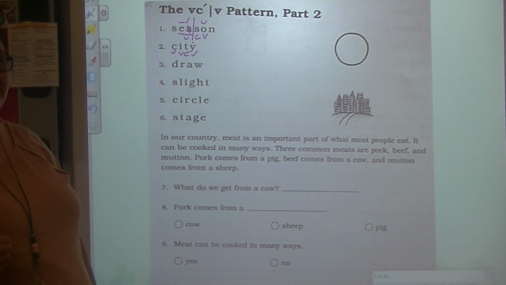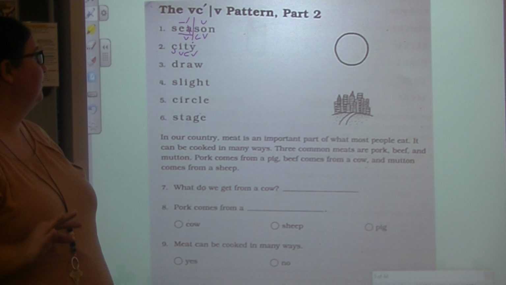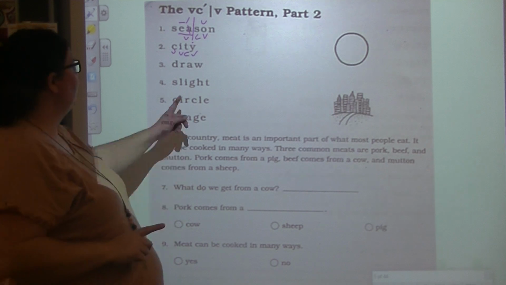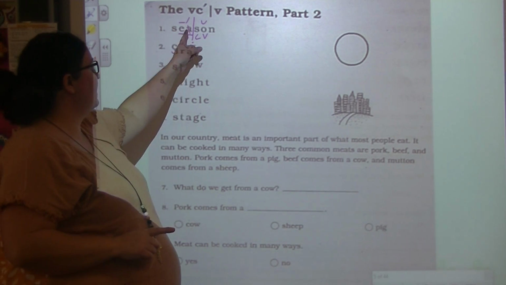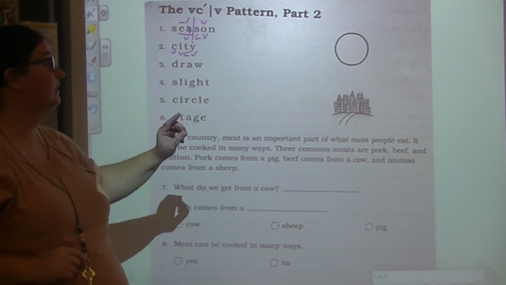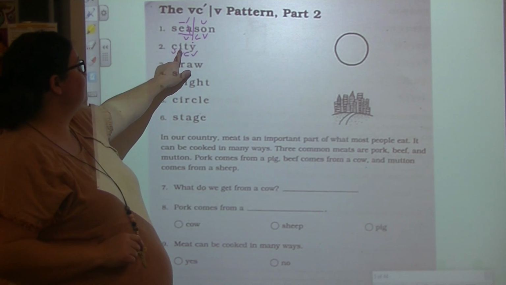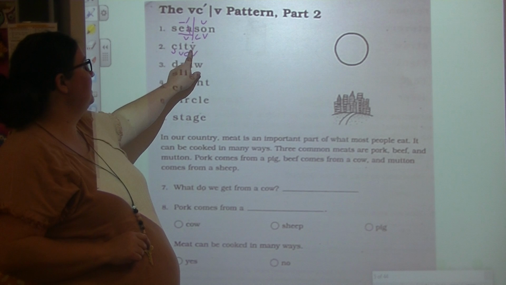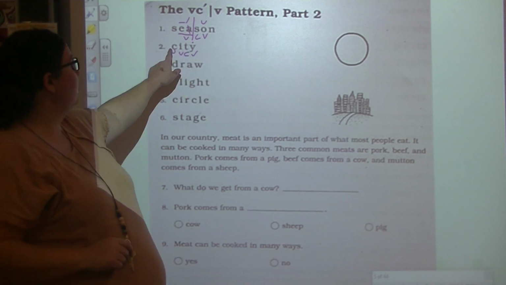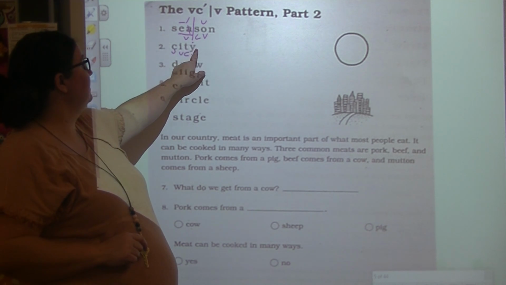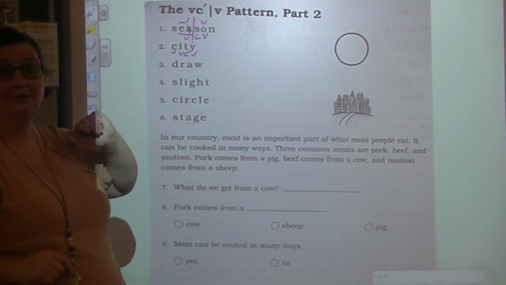Put his little tail on. Okay. Do we need to divide after the vowel or after the consonant? Should it say sight, sighty, or city?